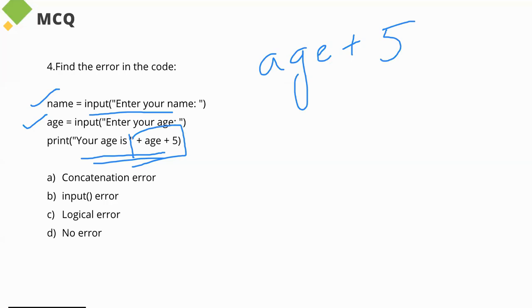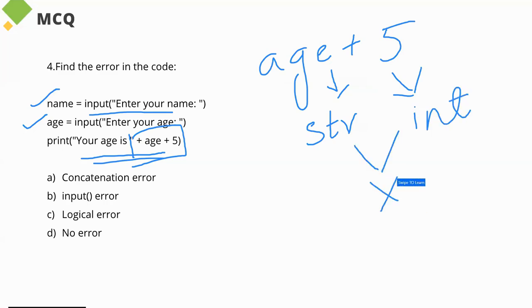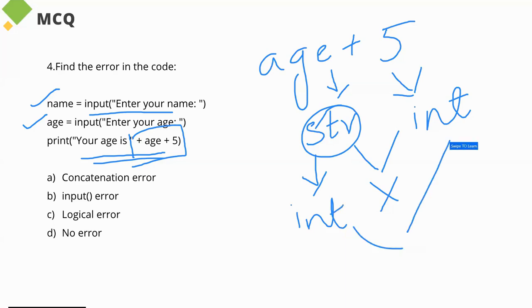Age is of type string, and this number 5 is of type integer. Like previously, we can't add two different operand types. If you convert this age into integer, then we can use it. So here we use typecasting. That's the major use case of typecasting.